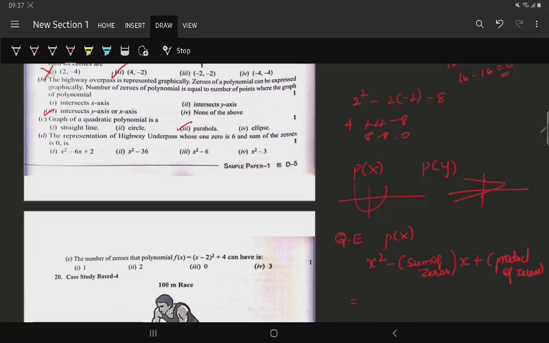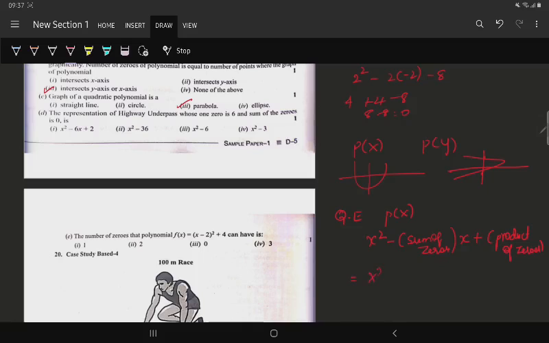It can be generalized in the form x square minus alpha plus beta x plus alpha beta equals 0, or you can equate it to p of x. This is the general equation. You can form it if the sum and product of zeros are given for any polynomial.